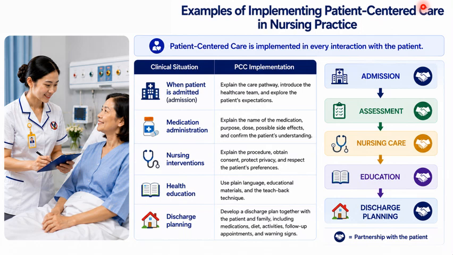And during discharge planning, as a prime example of patient-centered care, the nurse collaborates with the patient and their family to create a discharge plan covering medication schedules, dietary guidelines, recommended activities, follow-up appointments, and warning signs that require immediate attention.